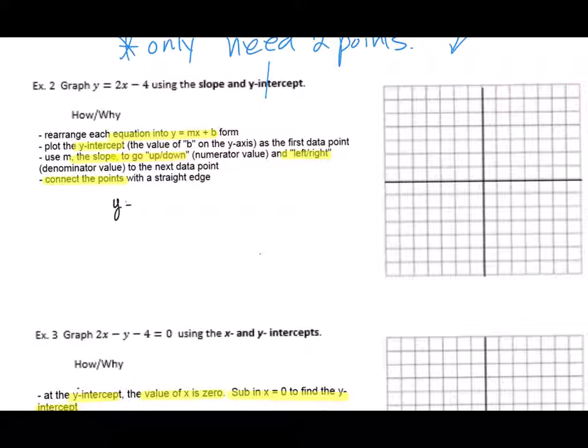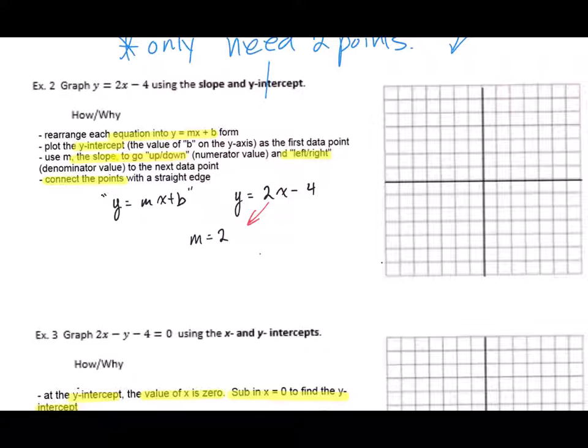So we'll start with y is equal to mx plus b. This is exactly what we're looking for. Our equation is already in that form: 2x minus 4. Now, in drawing this up, you'll notice that our slope is m is equal to 2.